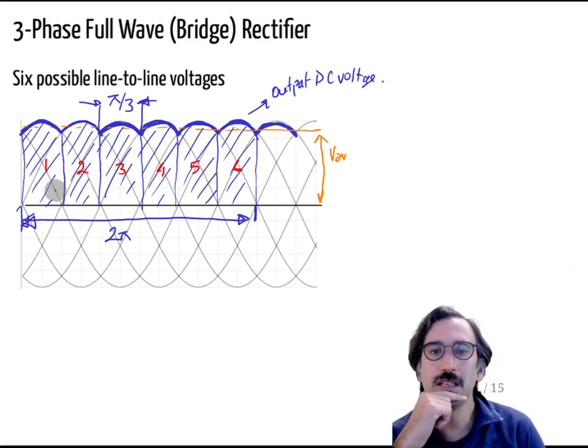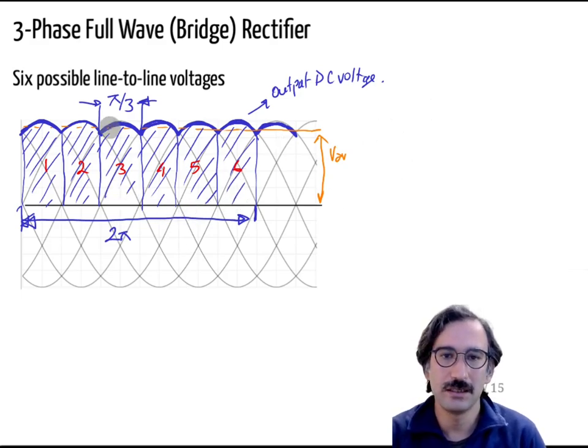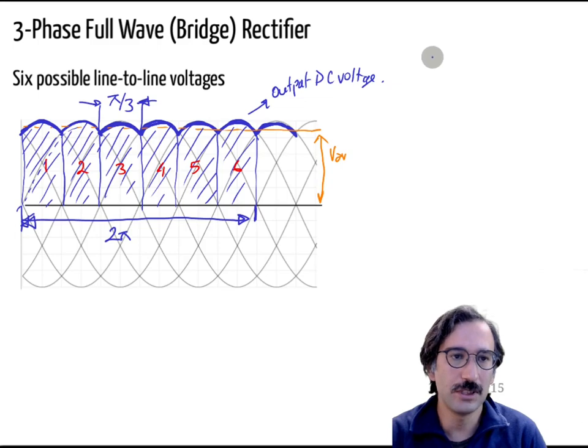So each combination will be conducting for 60 degrees, and in total you will have a symmetry. What about that angle? Let me draw it here for simplicity.